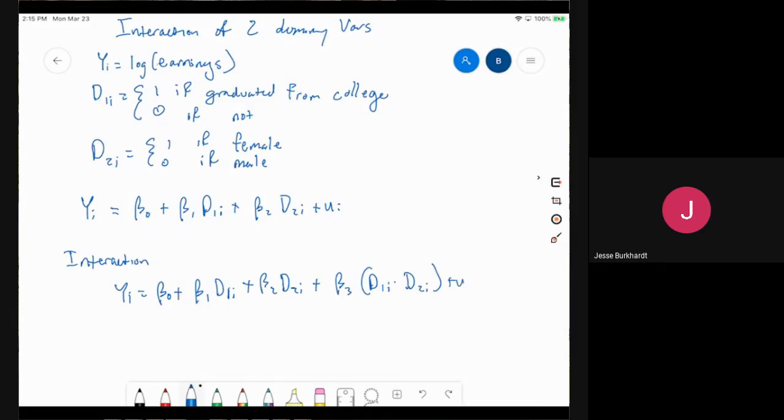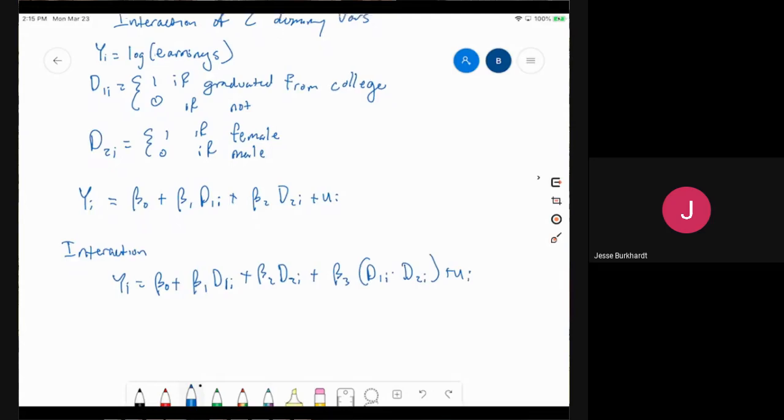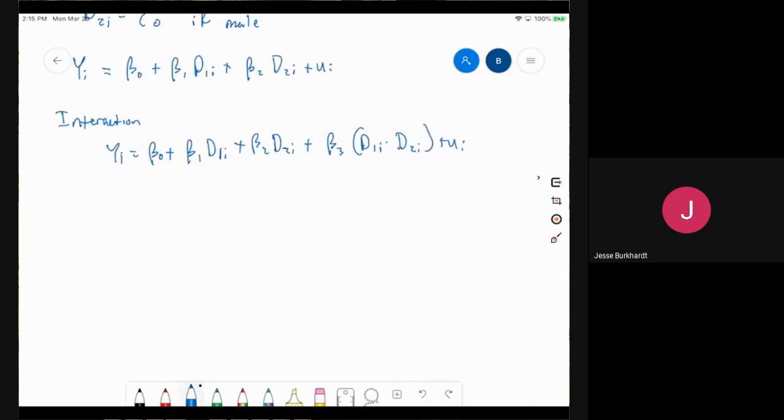You should notice that I added beta 3 here, which is multiplied by the interaction of d1 and d2. Now these are dummy variables, so we can't really take the derivative of this function to figure out the marginal effect. So how do we figure out the effect of a college degree, in other words, changing d1 from 0 to 1? Well, we can compute the conditional expectation of yi given values of d2.